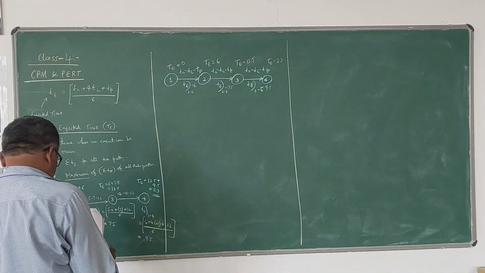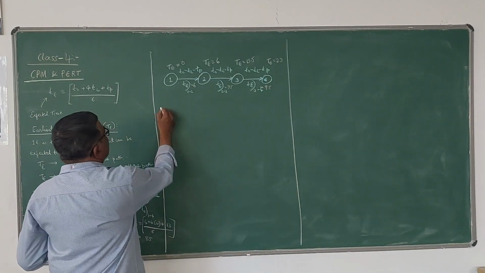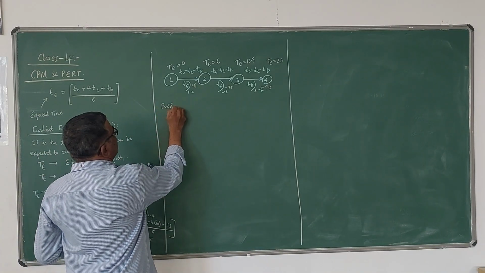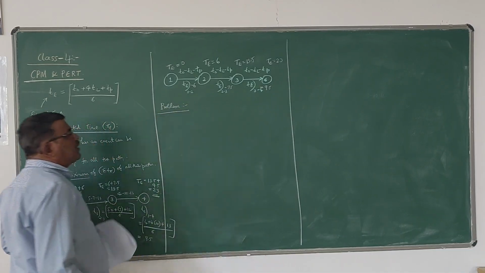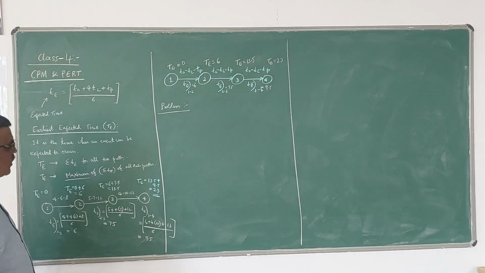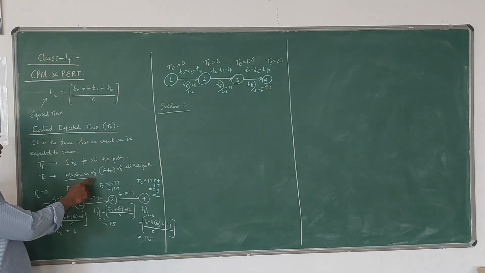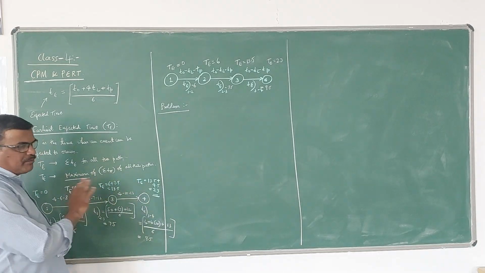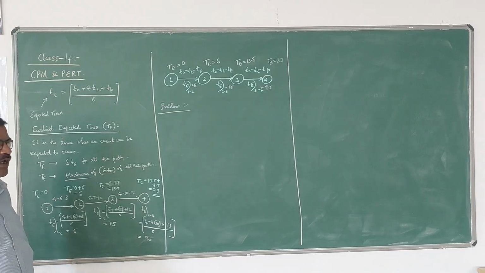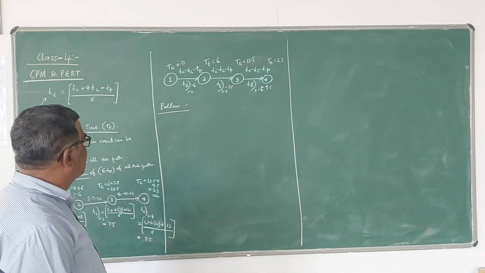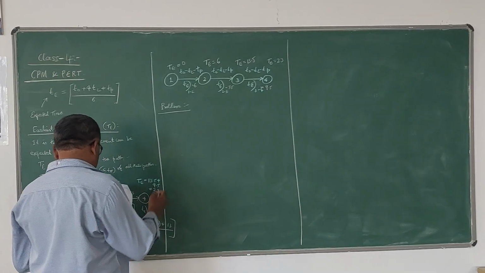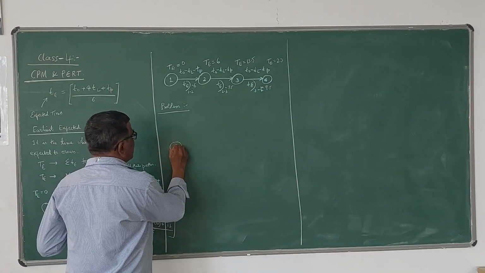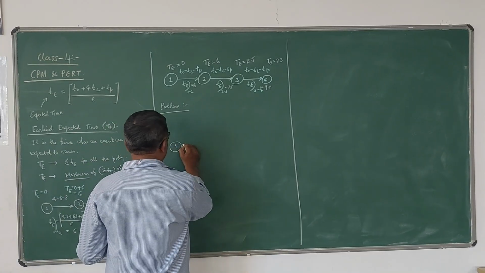Now I will take up a problem in which there are multiple paths. In the case of multiple paths, the procedure is the same. The only thing is we have to calculate sigma TE for all the paths, and then take the maximum value of the sigma TE as the value of capital T. So now this is the network diagram given.